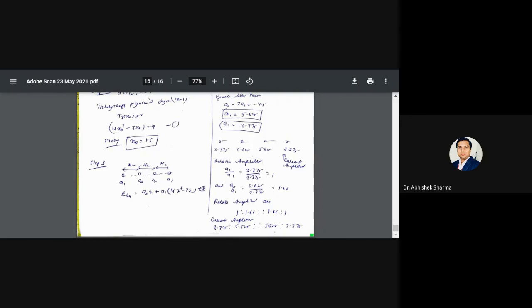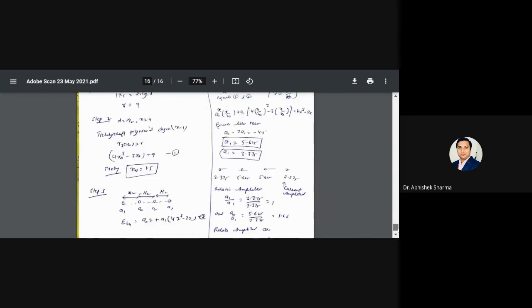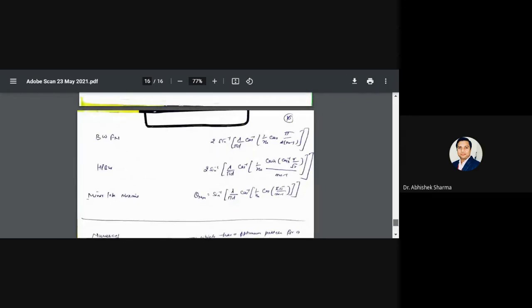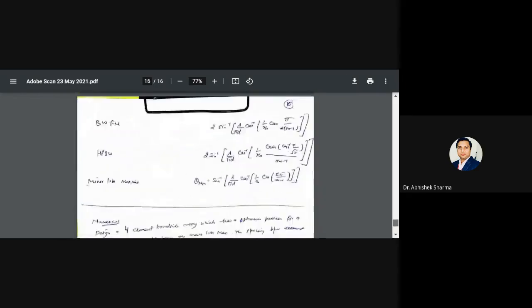So there is a standard procedure in binomial arrays and Dolph-Chebyshev arrays. Apart from this, the half power beamwidth, the first null, minor lobe maxima and directivity are some of the parameters which we should know how to calculate.